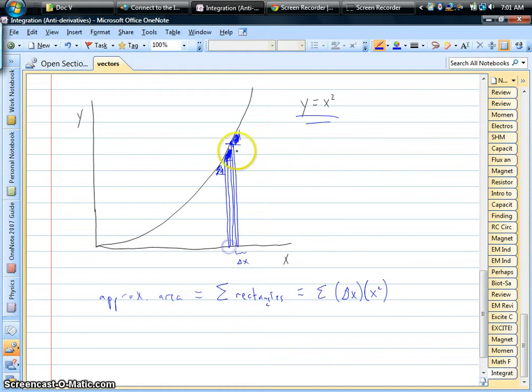Now with skinny rectangles, you start to fill in some of that missing area. And the way you make a skinnier rectangle is you basically start to make the width a little skinnier.